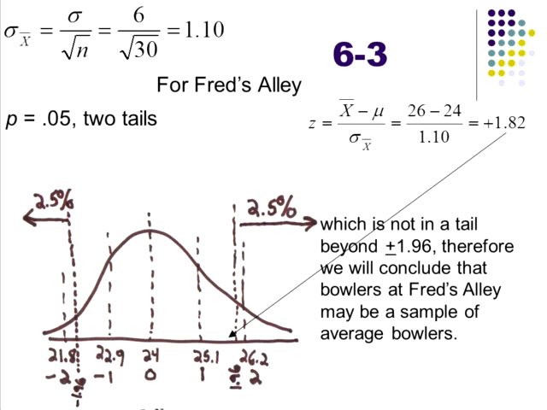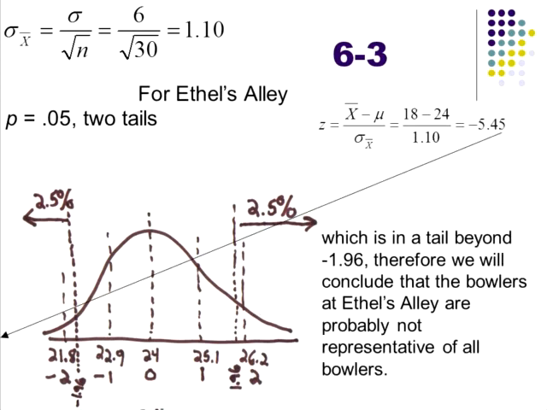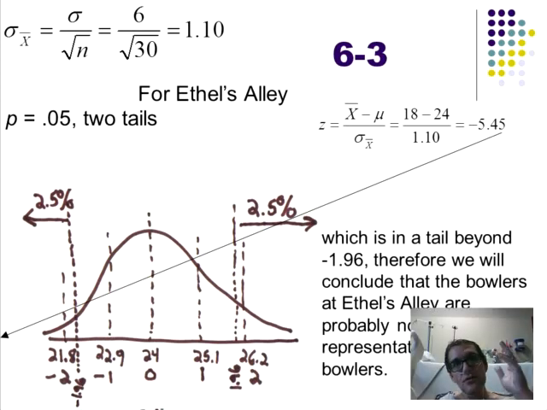Well, let's look at Ethel. It's the same basic question. We're using the same standard error, because at Fred's alley there was a sample size of 30, and at Ethel's alley there's a sample size of 30. So it's exactly the same sampling distribution as Fred's alley.